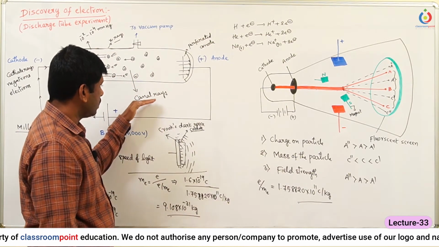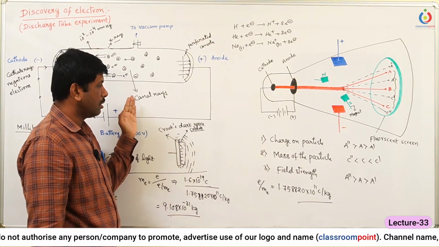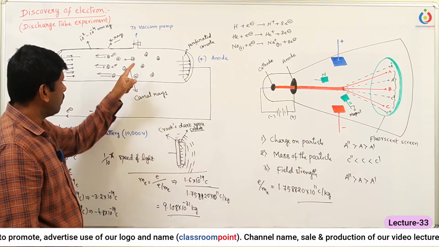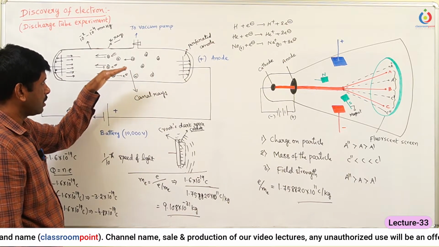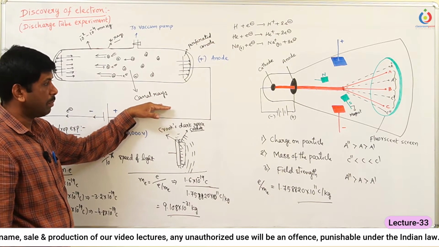What are the properties of canal rays and cathode rays? Cathode ray properties we already discussed. In the case of canal rays, they also travel in a straight line. But the speed of canal rays is less than the speed of electrons, because canal rays are heavier particles.